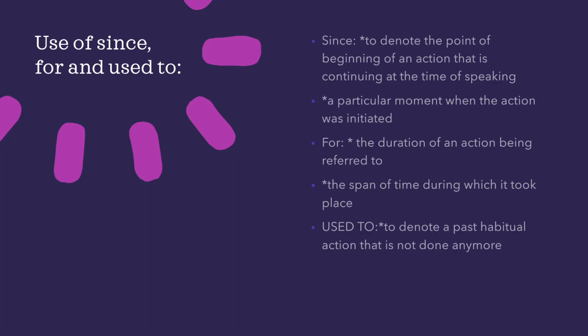So I give you an example. Rita has been walking since 5 a.m. this morning. So the word since is used to emphasize the beginning of an action, to denote the point of beginning of an action that is continuing in the time of speaking. So Rita has been walking since 5 a.m. this morning, and she still continues to walk at the time of speaking.